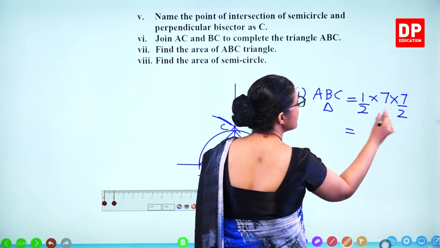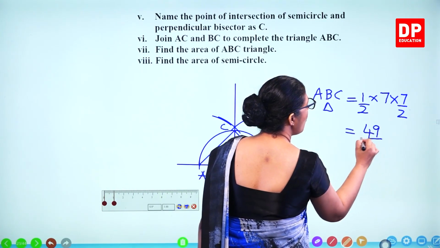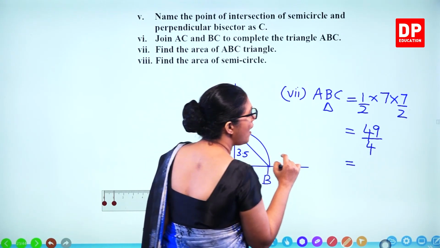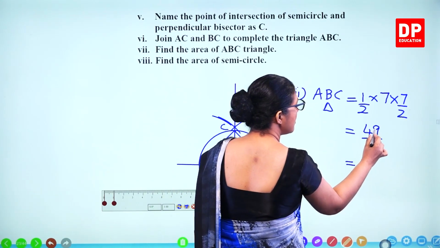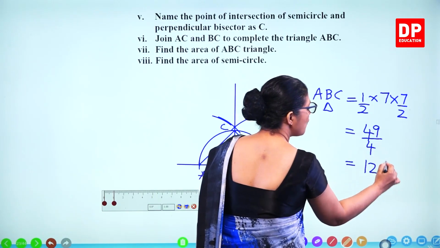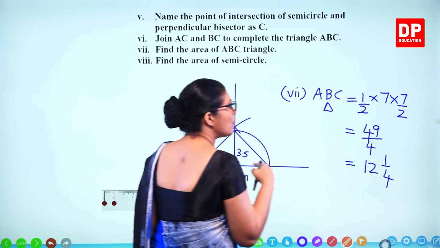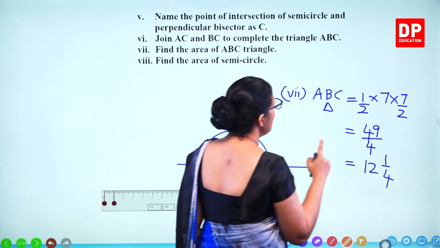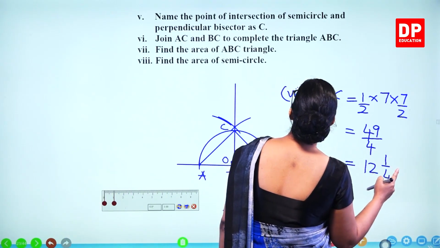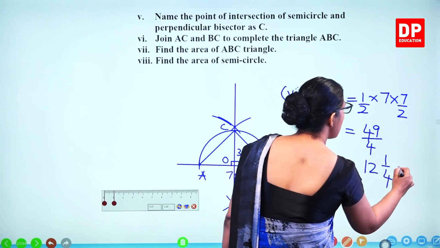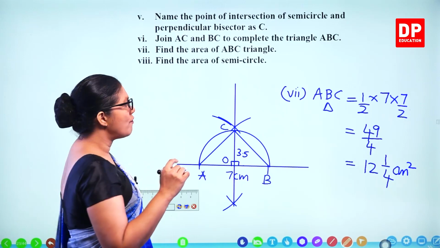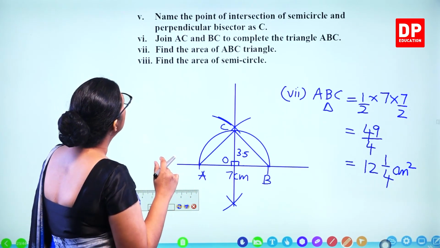So you get 7 times 7, 49 over 4. When you simplify, you get 12 and 1/4. And this is in centimeters, so centimeter squared is the area of triangle ABC.